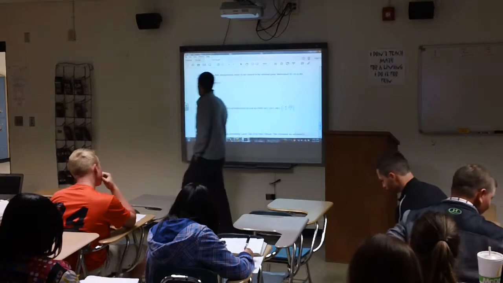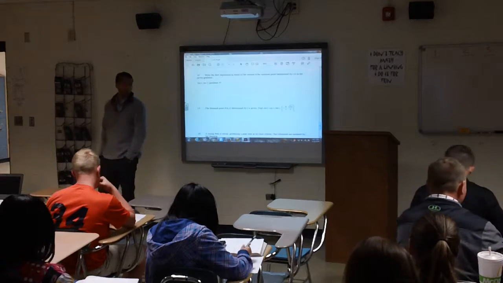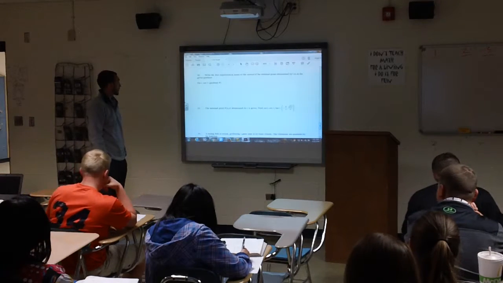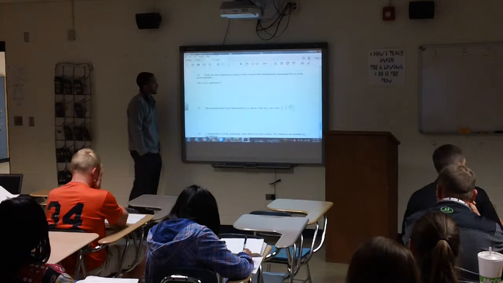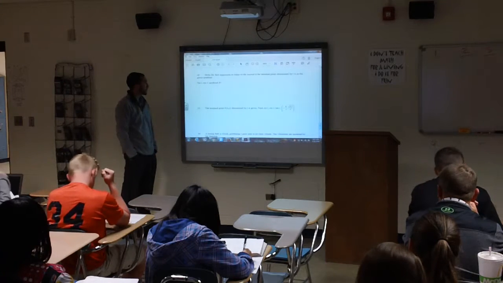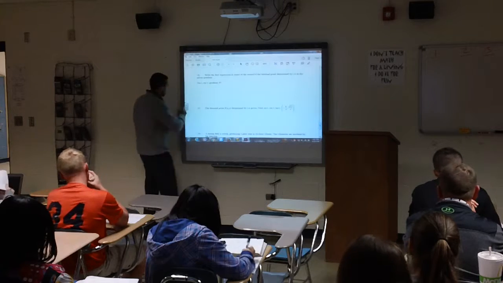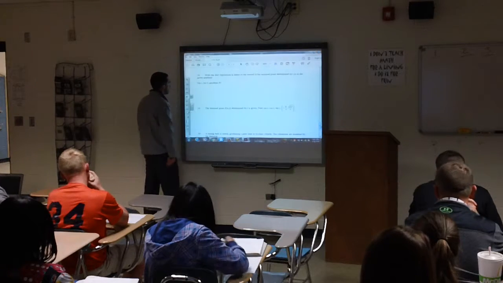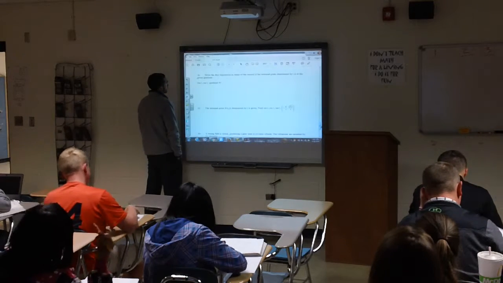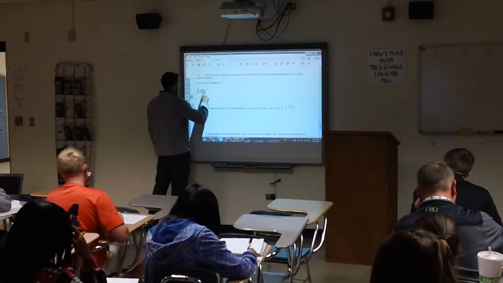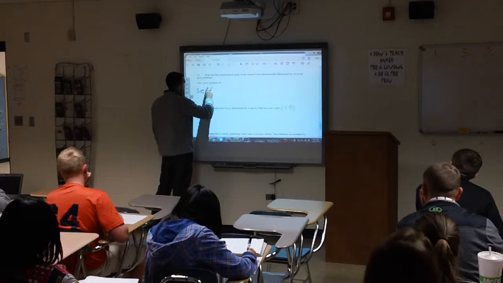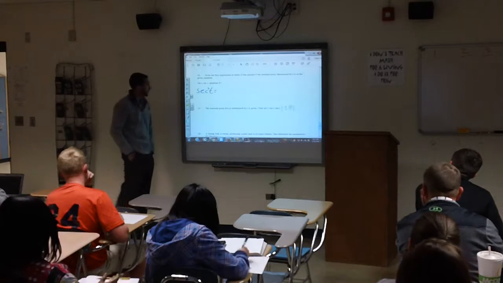Okay, so this is where we have to finagle our laws they gave us in chapter 5. So they want sine in terms of only secant. So if we start off with, let's see, what's our secant squared equal?